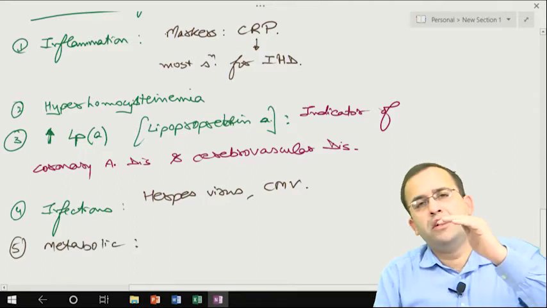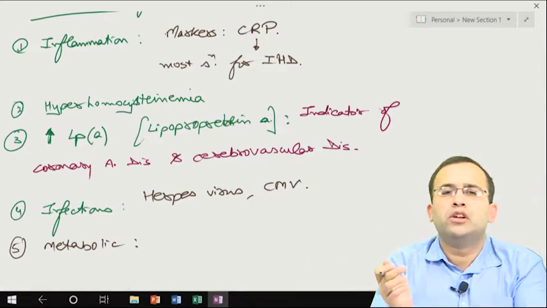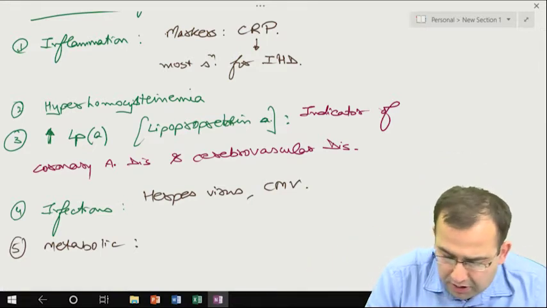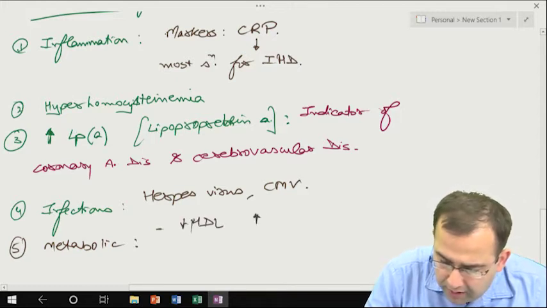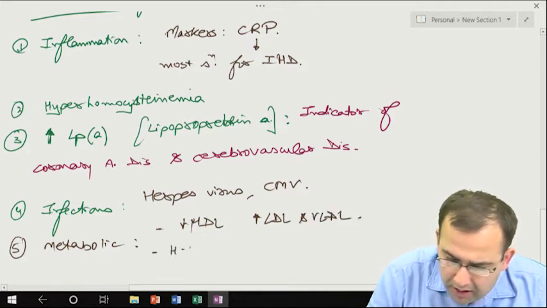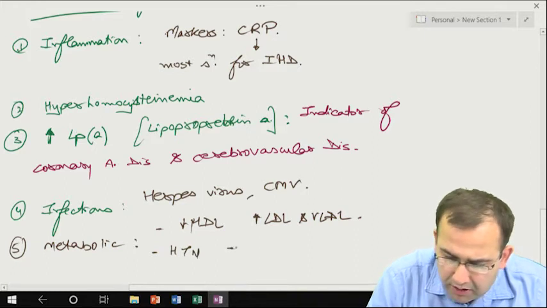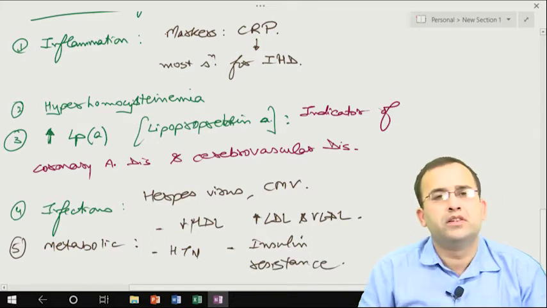Metabolic causes: reduced good cholesterol, reduced HDL, increased LDL and VLDL, total cholesterol, triglycerides, hypertension, and insulin resistance.